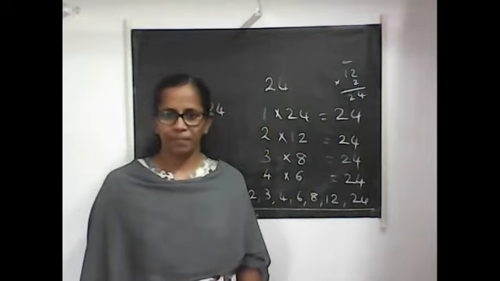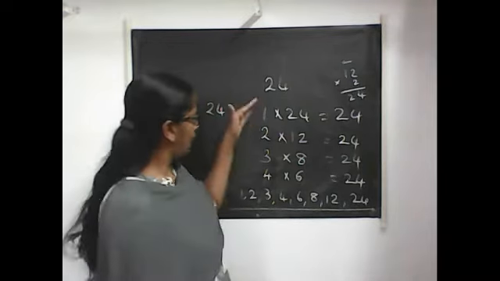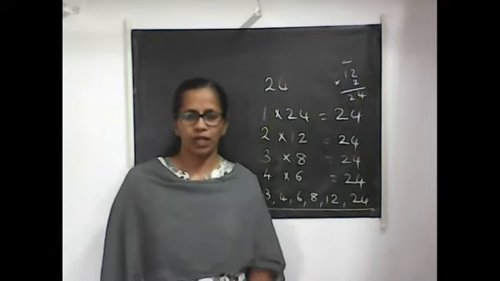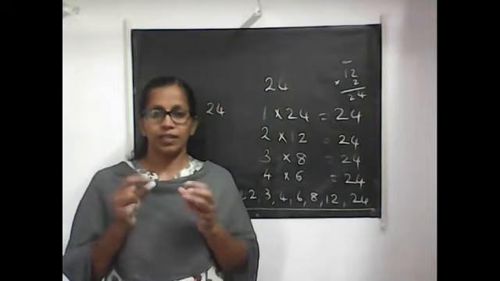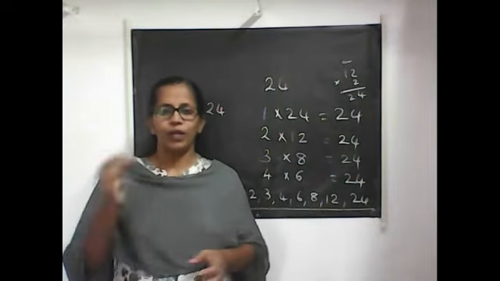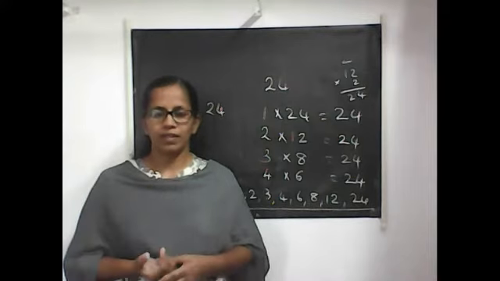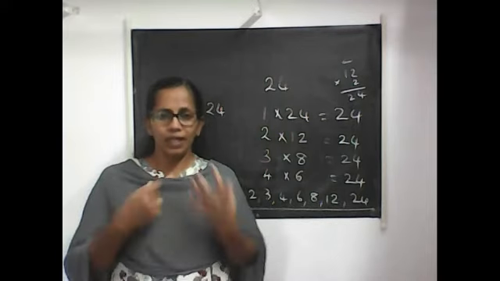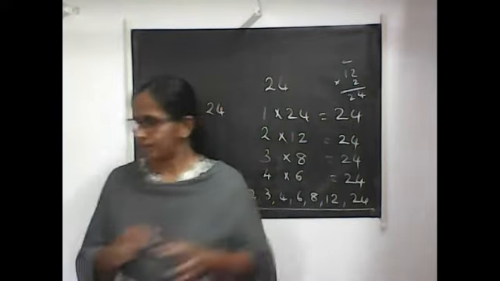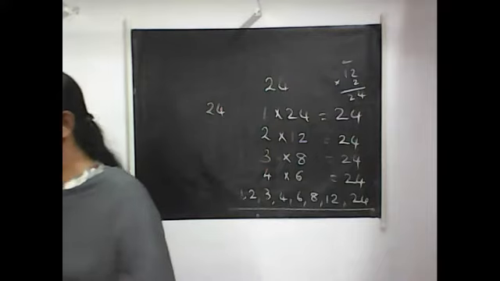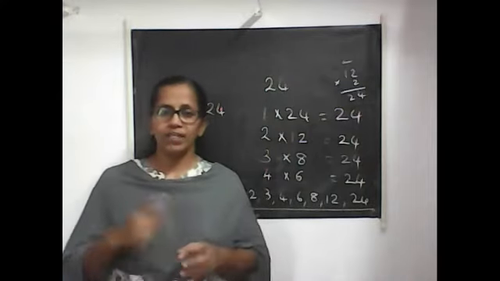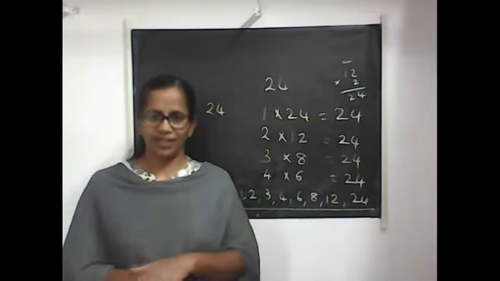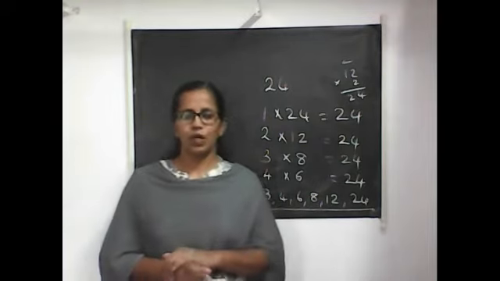Did all of you get it? So you have to practice like this. Or you can use the division method also. The definition of a factor is that when you divide a number by another number, it divides exactly without leaving a remainder.